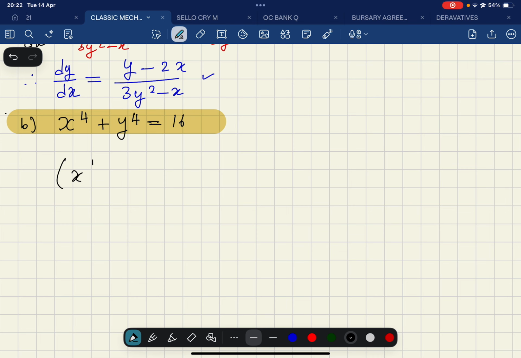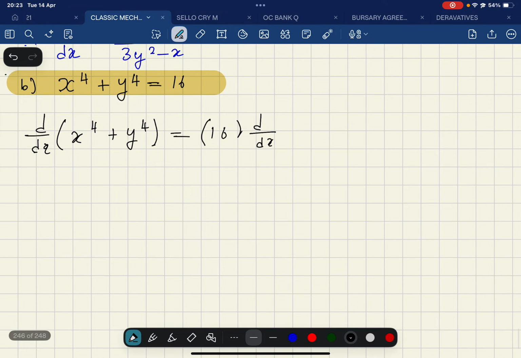We multiply both sides by what? By d over dx, which means I multiply here by d over dx, then I multiply this side by d over dx. Then I start deriving. When I derive x to the 4, I get 4x cubed plus, then this side I derive y, which means I will have 4y cubed, then dy over dx, which is equal to derivative of a constant is 0.